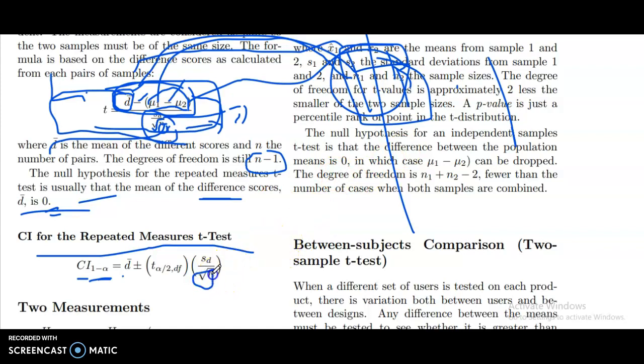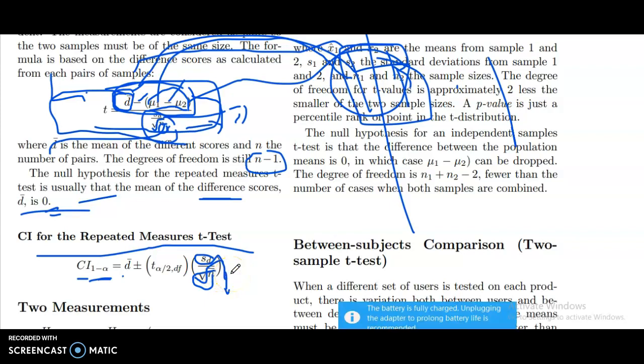We take n, the number of pairs, take its root, then s_d is divided by this value.